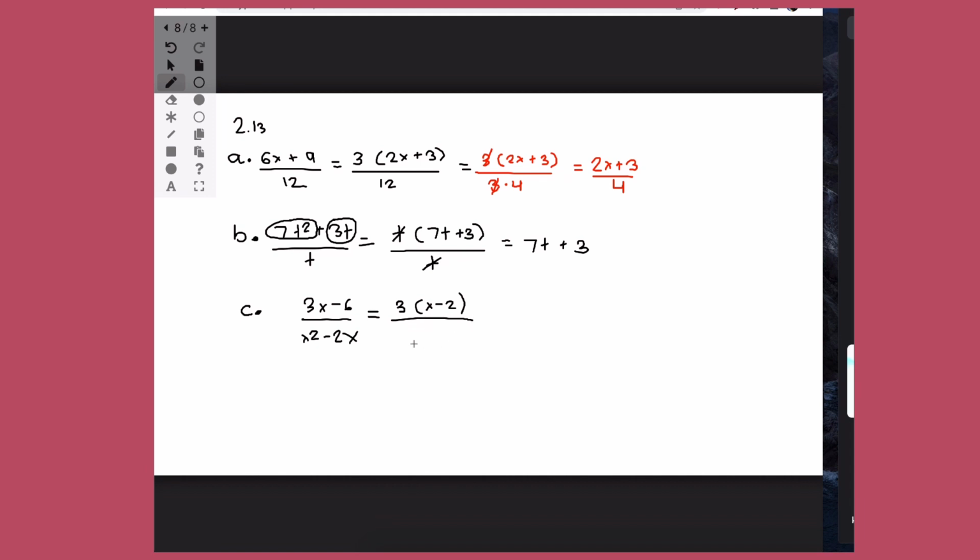And the denominator would be x times x minus 2. And you could cancel out the x minus 2's to get 3 over x. So does anyone have any questions on these 3 problems?